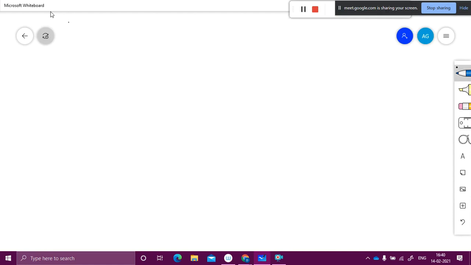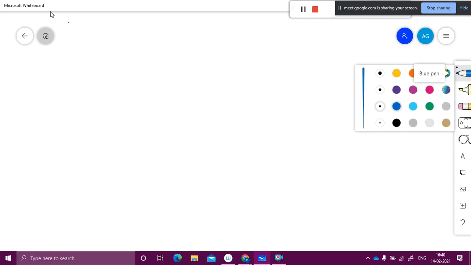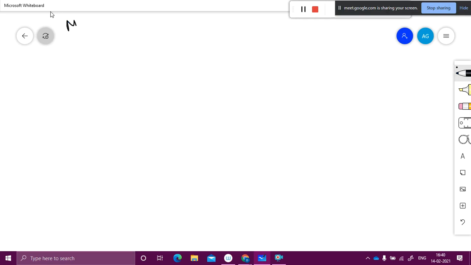Let's take a different color. Kidneys are mesonephric kidney. So let's have a picture of a mesonephric kidney.